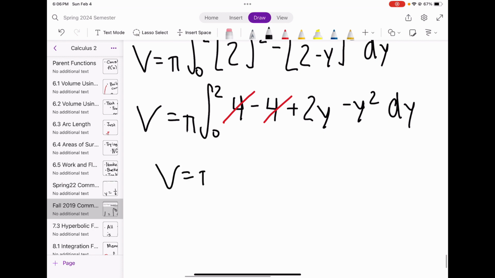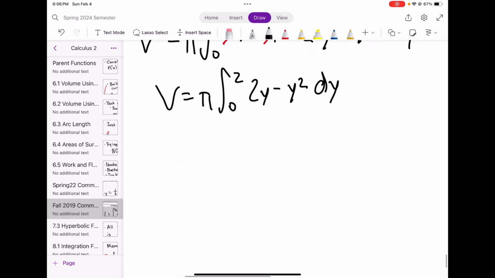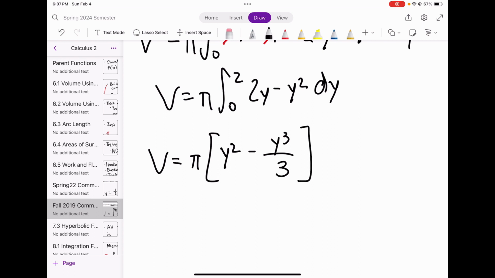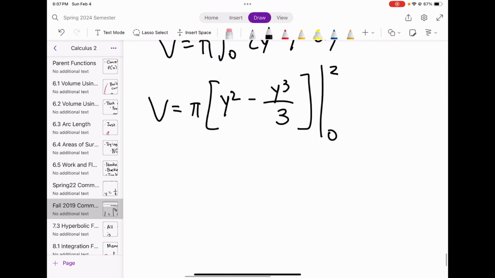V is equal to pi, the integral from 0 to 2 of 2y minus y squared dy. So let's do the integral. So you get y squared, and that 2 will cancel out with the divide by 2, minus y cubed over 3. Evaluate between 2 and 0.